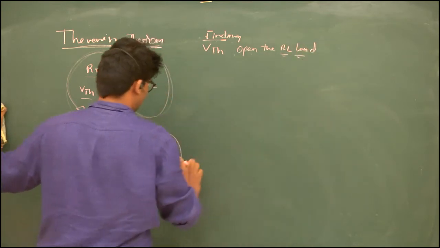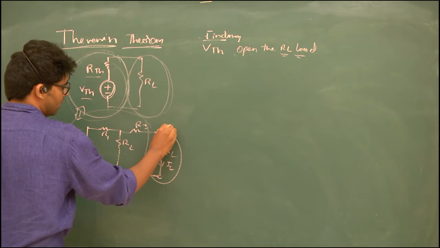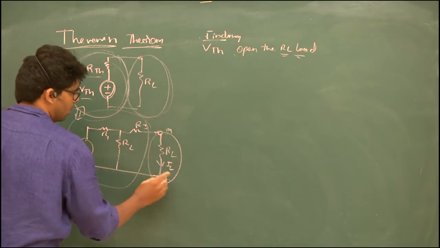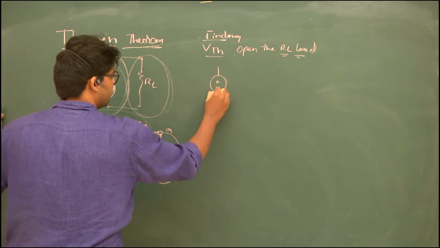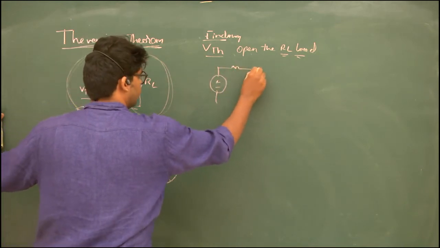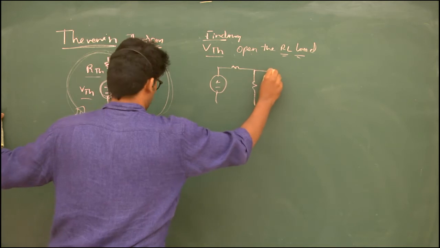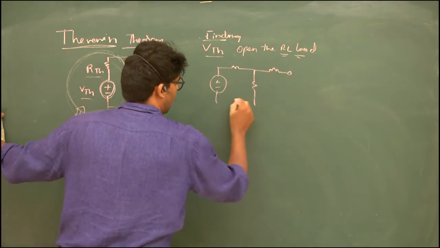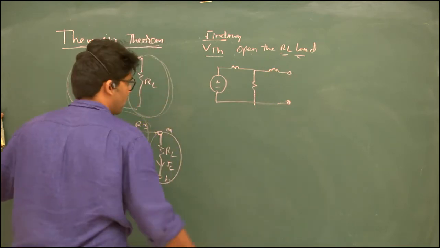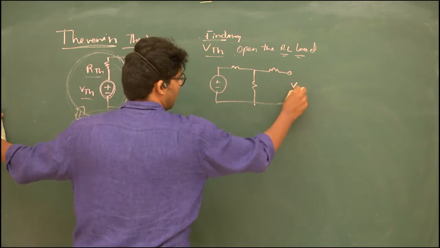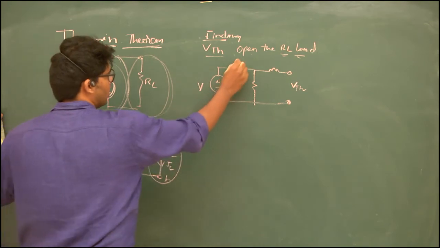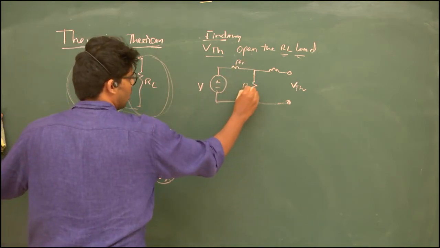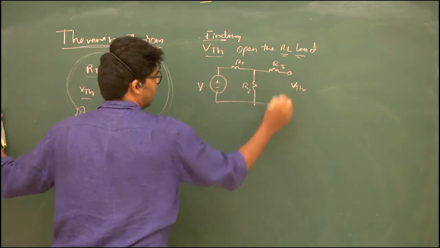So open the load terminals, let us call this terminal A, B. Open the load terminal, so you have a source value like this. This is the source voltage V, with R1, R2 and R3.